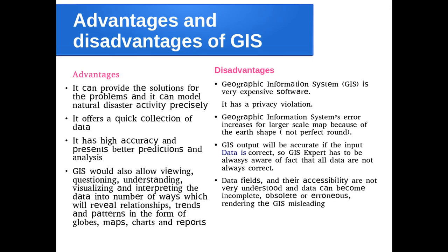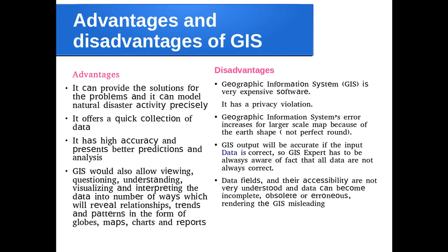Finally, what are the advantages and disadvantages of a geographical information system? Basically, the advantages rely in that it can provide a solution for the problems that it can model and predict disaster precisely. And a second advantage is that it allows us to perform data analysis at different levels, so we can perform descriptive statistics and inferential statistics.